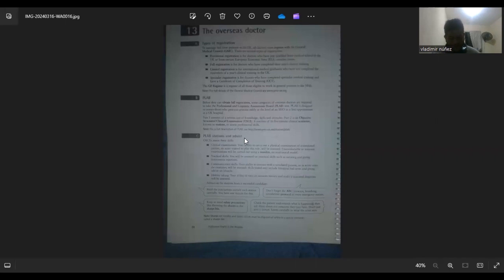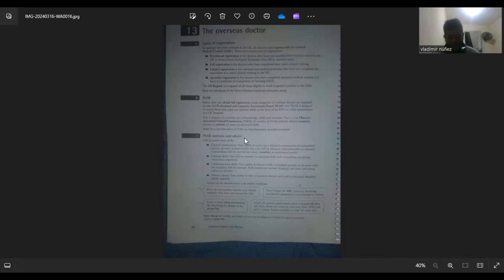Read the instructions on each station carefully. You have one minute for this. Don't forget the ABC, airways, breathing and circulation protocol, in every emergency station.